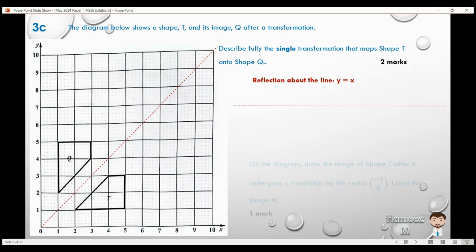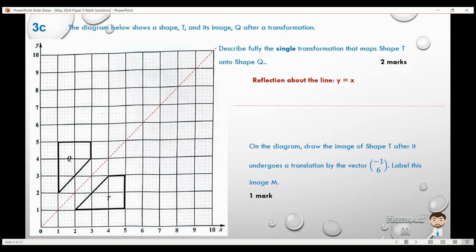The next part, on the diagram, draw the image of shape T after it undergoes a translation by the vector -1, 6. Label this image M. So, if we consider what it means to translate, that means to slide it.